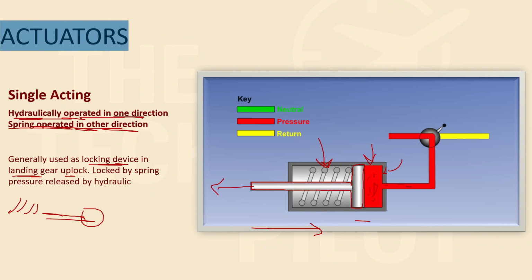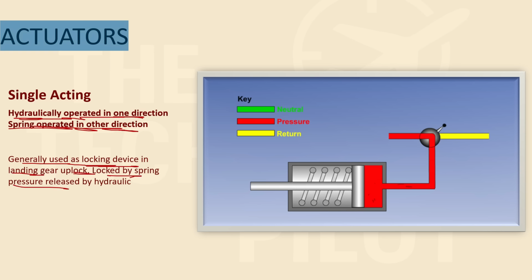For example, this side it would be, so they're generally used as a locking device in landing gear uplocks, locked by the spring, and when the pressure is released, it is unlocked.